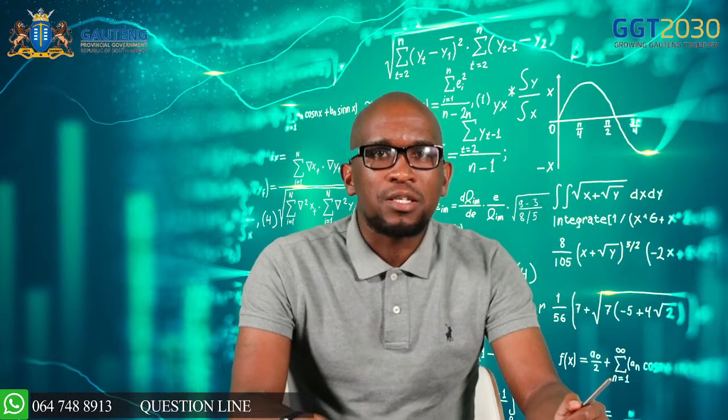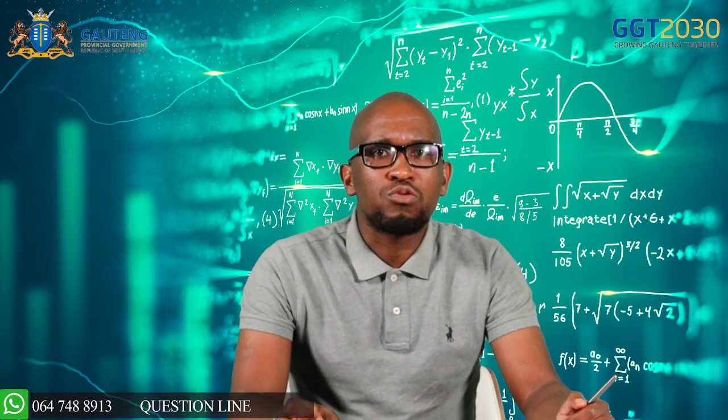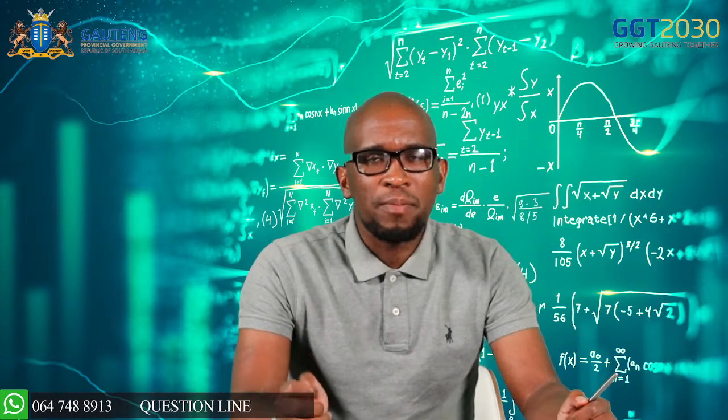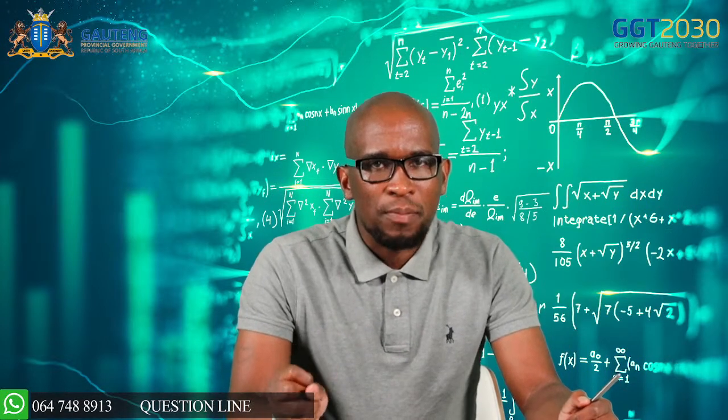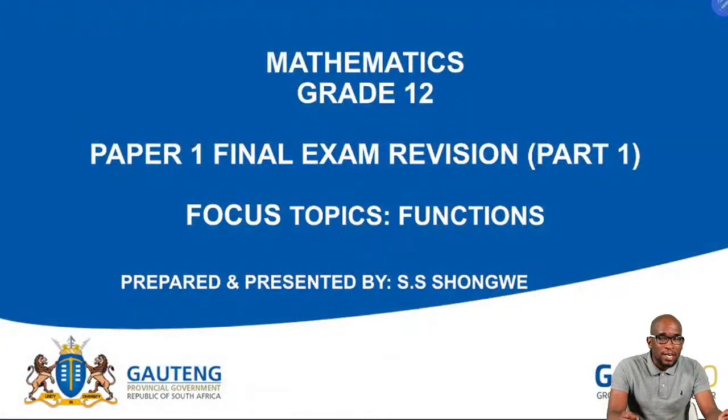So today it's part 1 of the revision session where we're going to touch on one paper 1 topic and one paper 2 topic. In paper 1, I'll be looking at functions, interpretation of sketched functions. That's what I'll be doing with you. And then I'll hand over to my colleague, Mr. Nsindane, who will be taking you through Euclidean geometry.